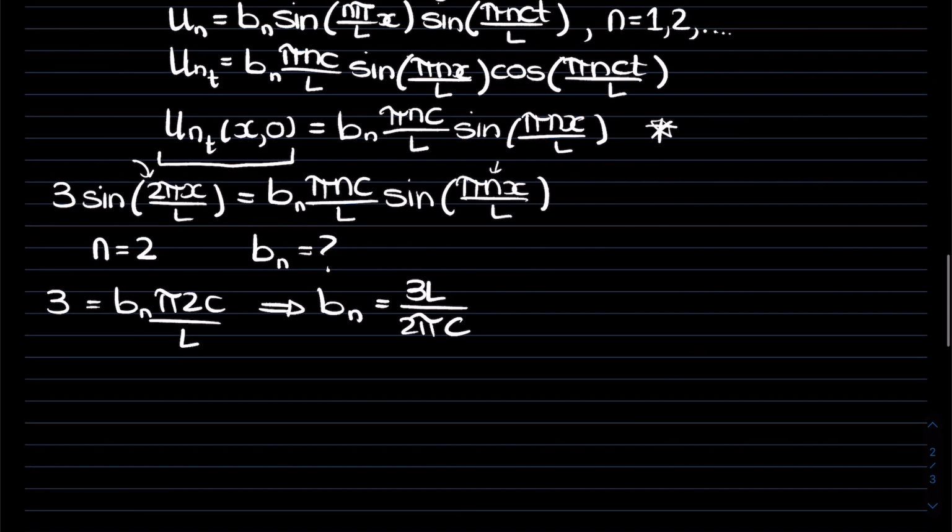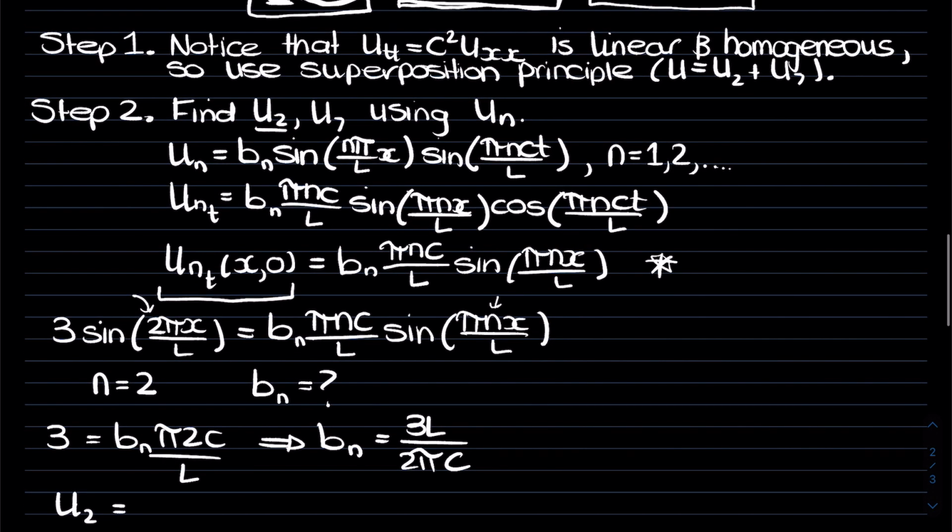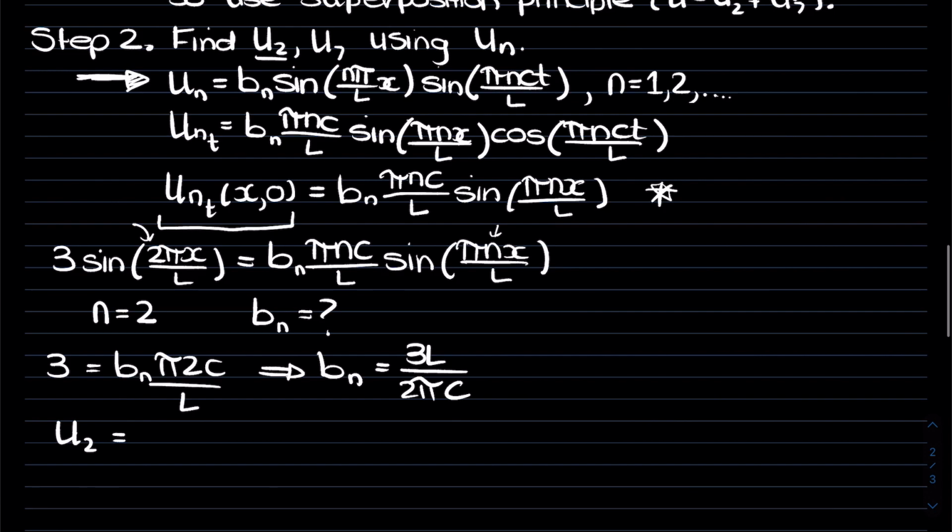So writing this all together as our solution for u of 2, we're using this u of n up here. We're just filling in what our b of n is and our n.